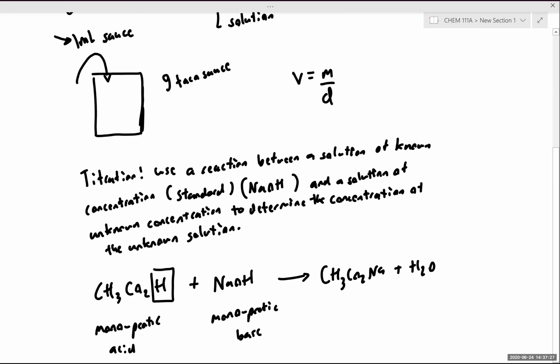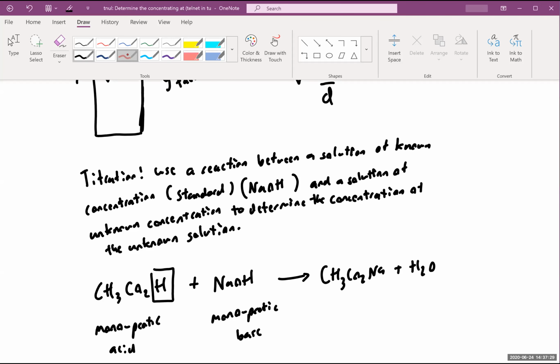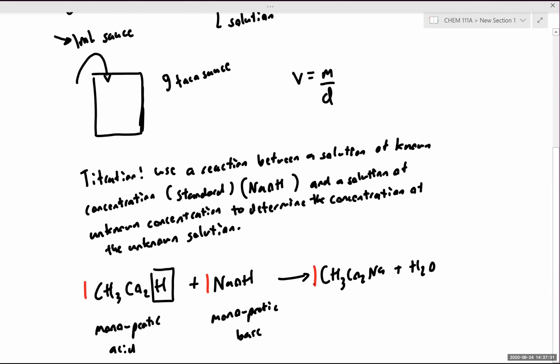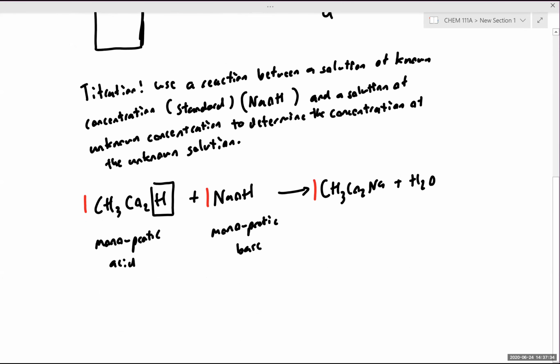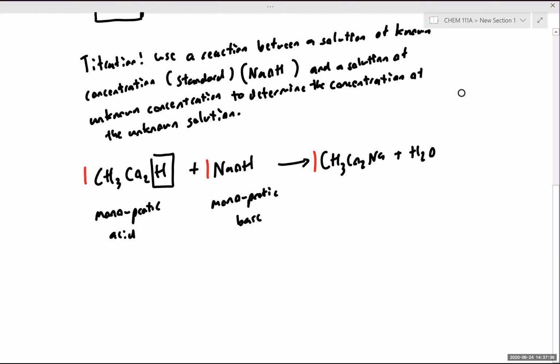Okay, now putting in our coefficients for a moment, we can see a clear relationship between the moles of sodium hydroxide and the moles of acetic acid. How many moles of sodium hydroxide are required to react per mole of acetic acid?